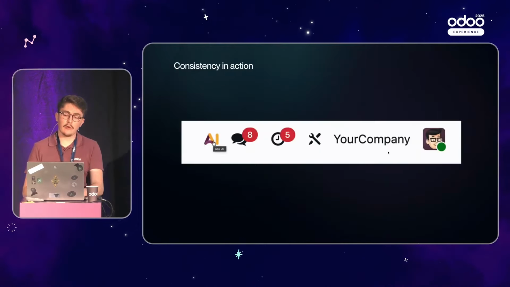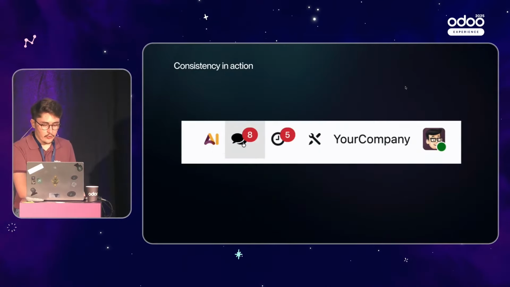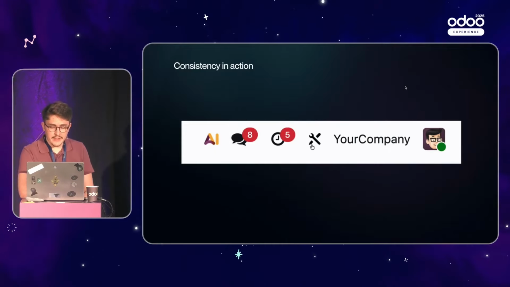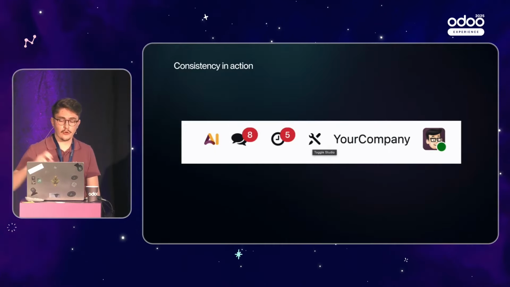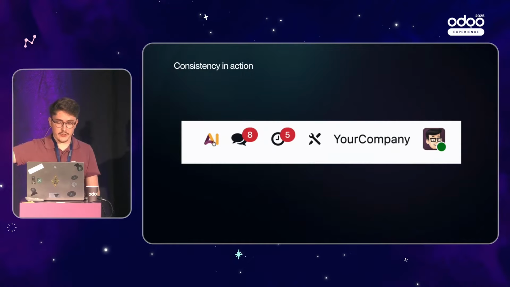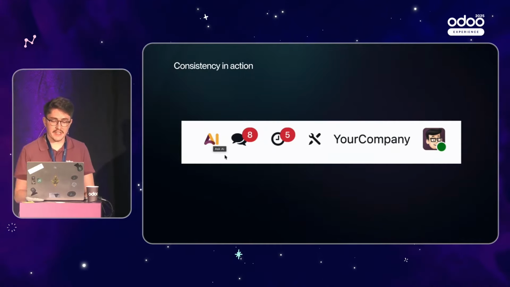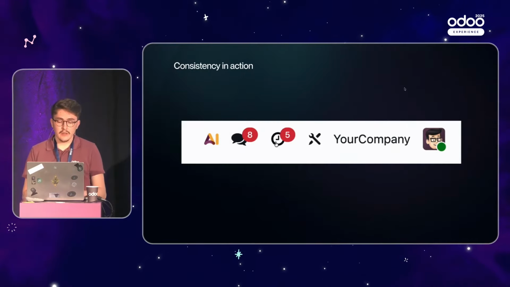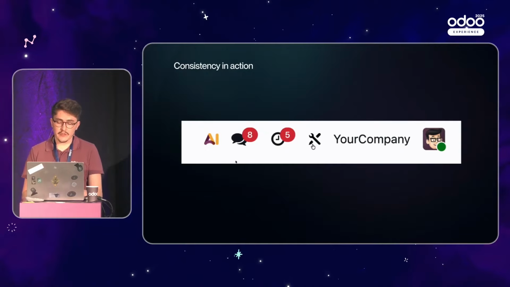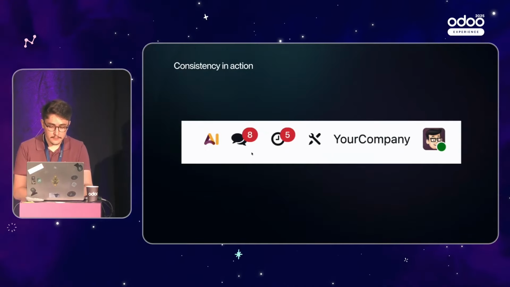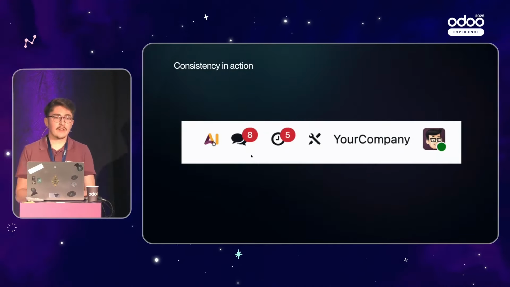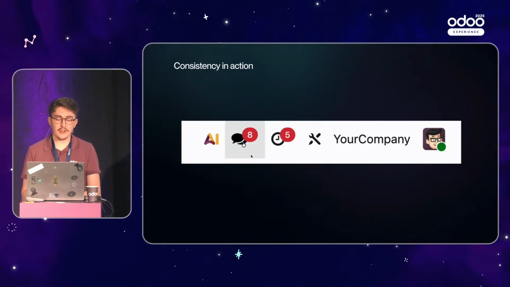Here is an example of how it can look like. So you might have recognized the sys tray in Odoo, so it's the top bar at the right you have, which is everywhere in the backend. And as you can see, we have a special item with a different hover state. Well, this hover state actually fixes an issue.